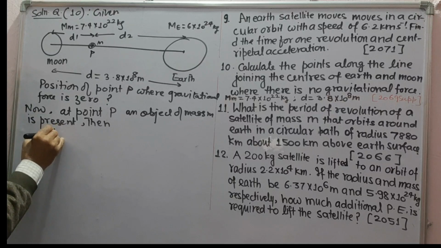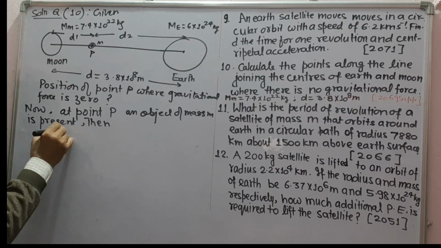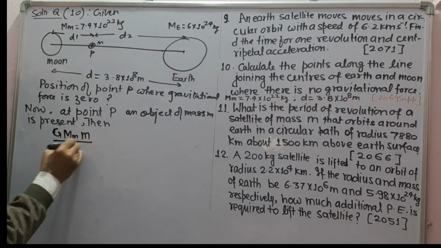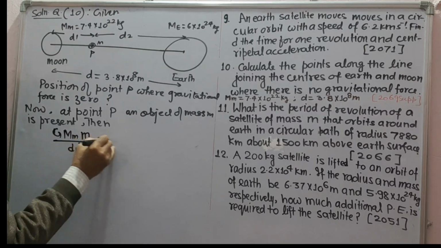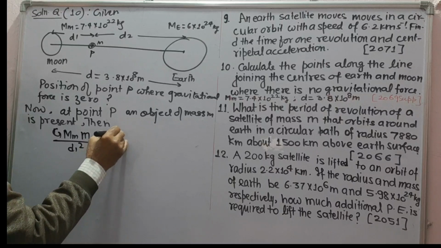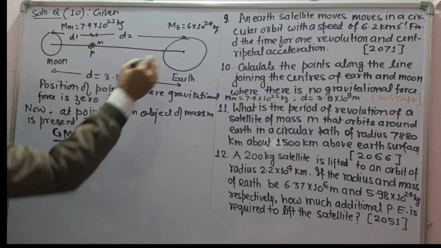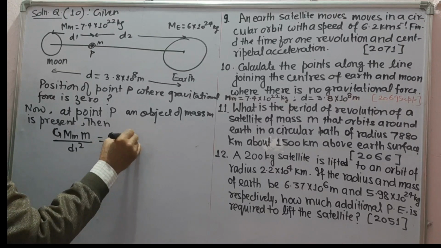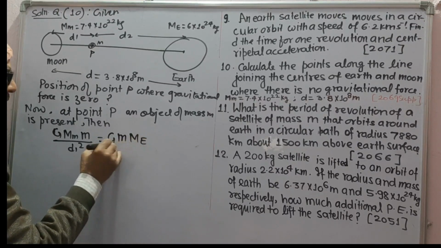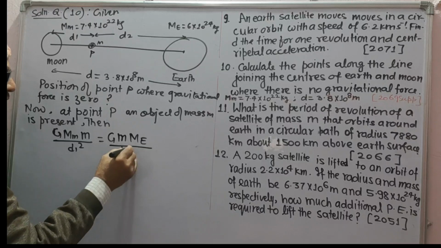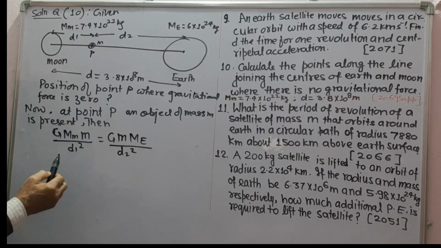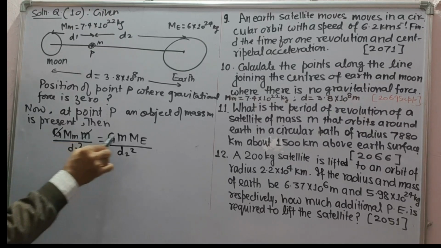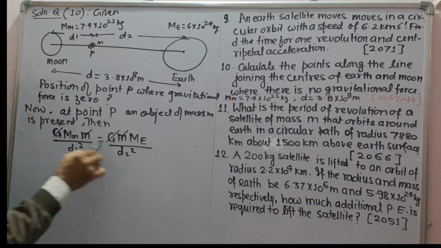Then G mass of Moon, mass of object upon D1 square must be cancelled by the gravitational force between Earth and object, so G mass of Earth upon D2 square. G and small m cancel out.